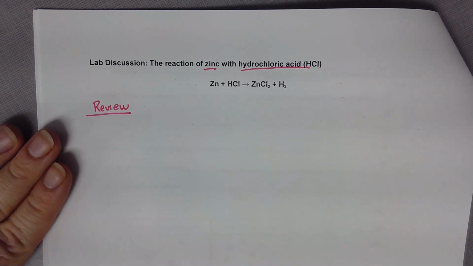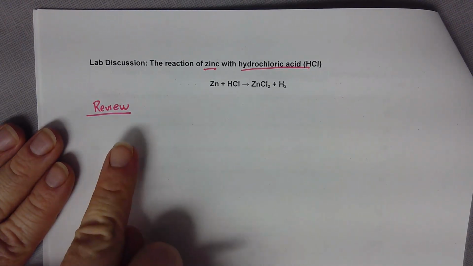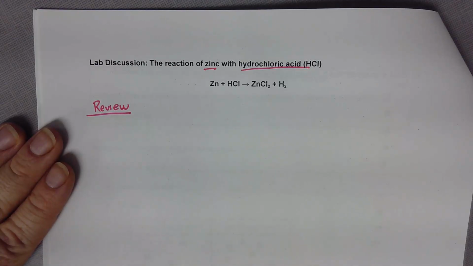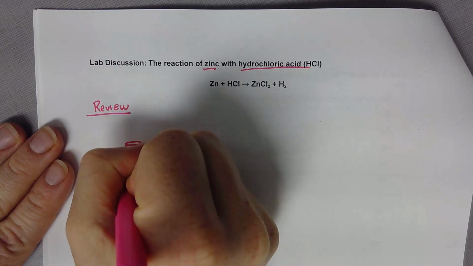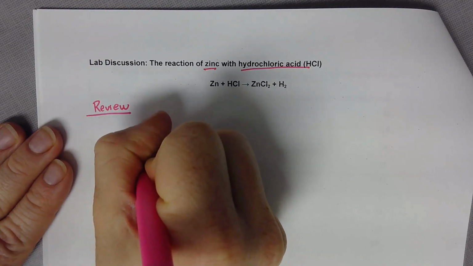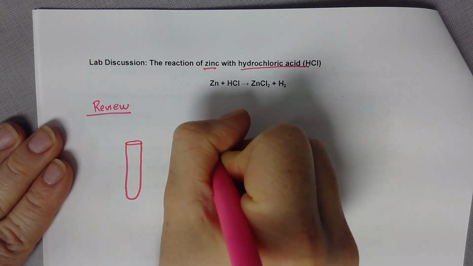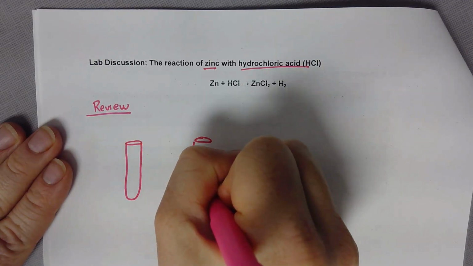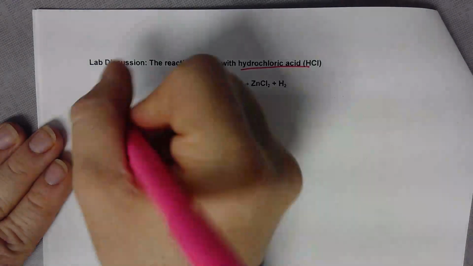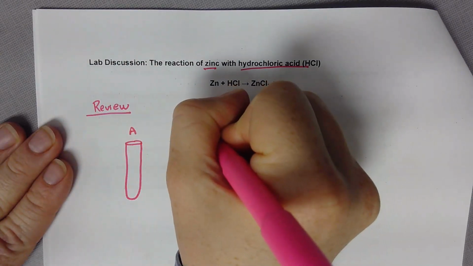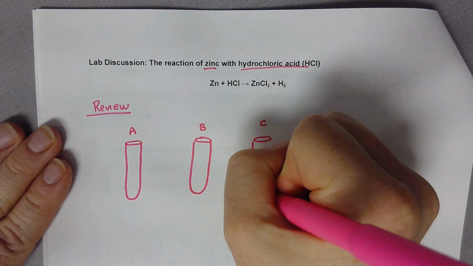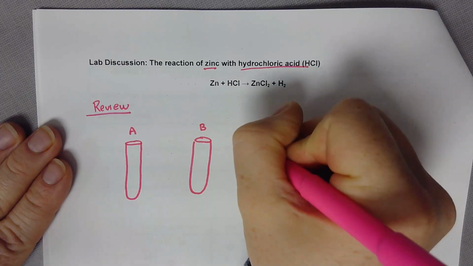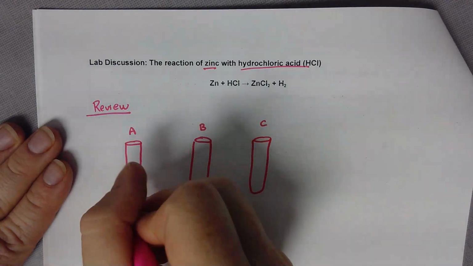So last week in lab, you guys set up 3 different test tubes. Test tube A, test tube B, and test tube C. And in these test tubes, you each put a piece of zinc.